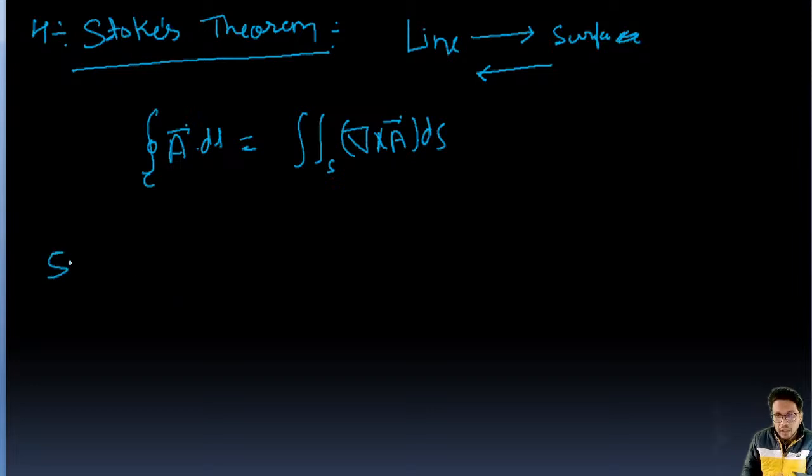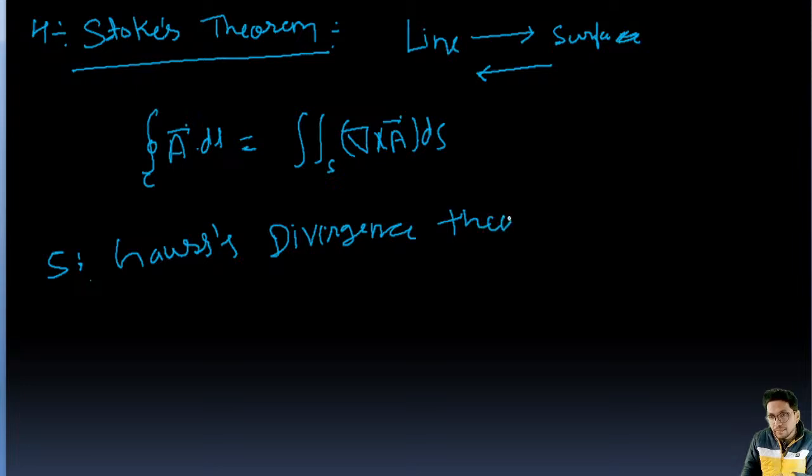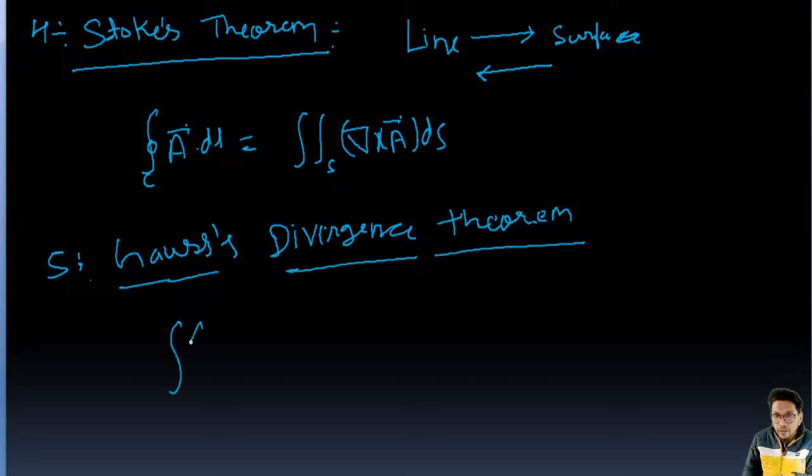Number 5, this is Gauss's divergence theorem. We can convert any surface integration into a volume integration.